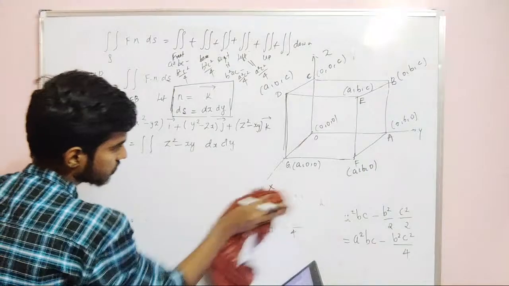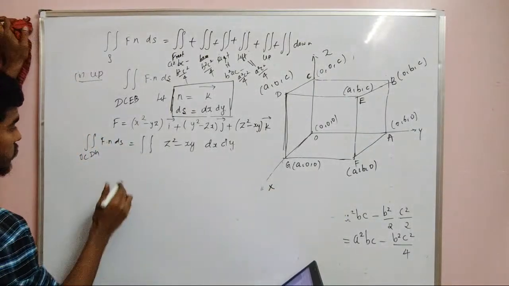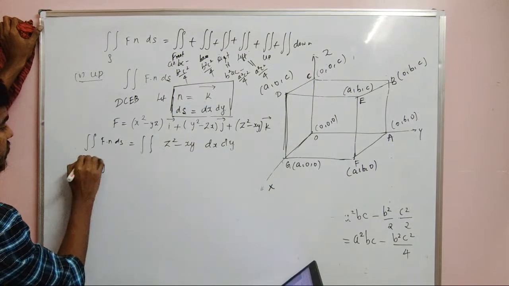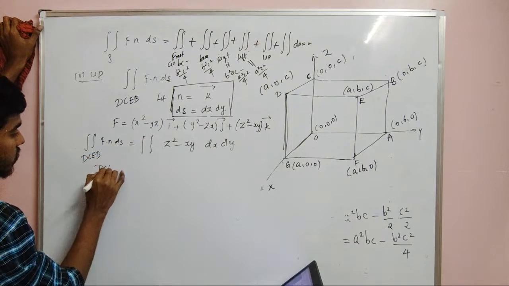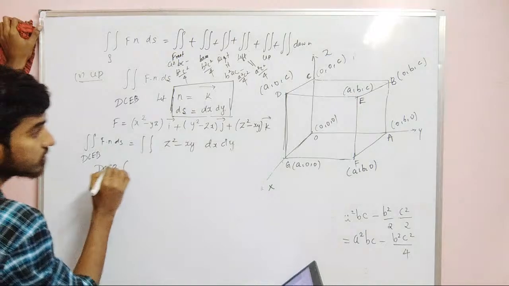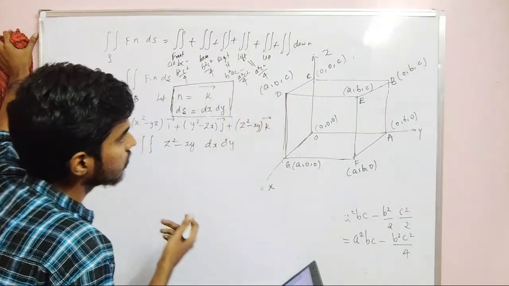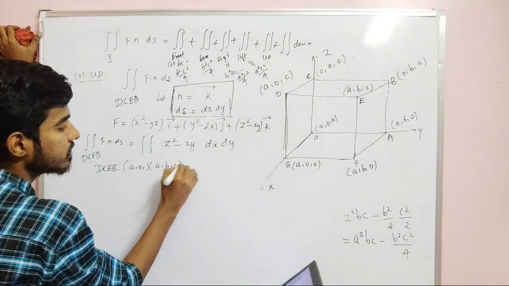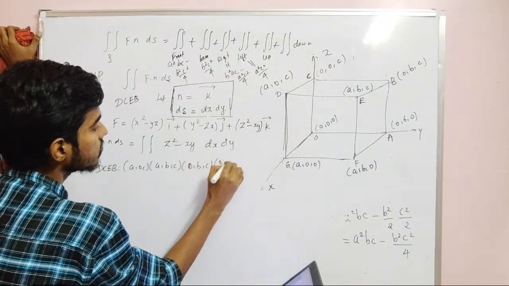So you can see OCDG, DCEB. So for DCEB, what is D? We are finding up. So AOC and ABC and A0BC and 00C.